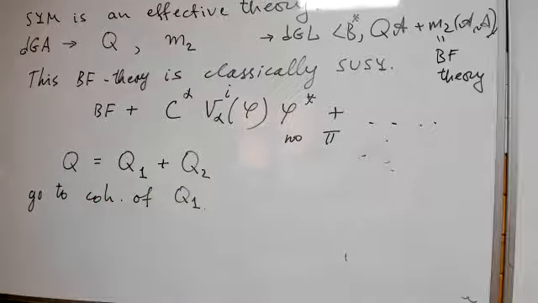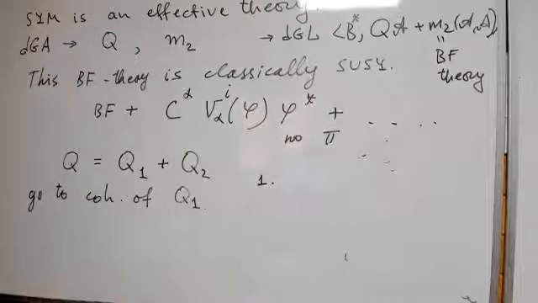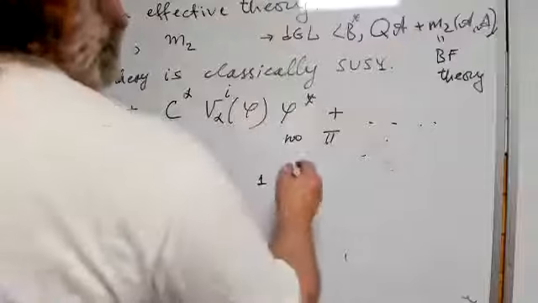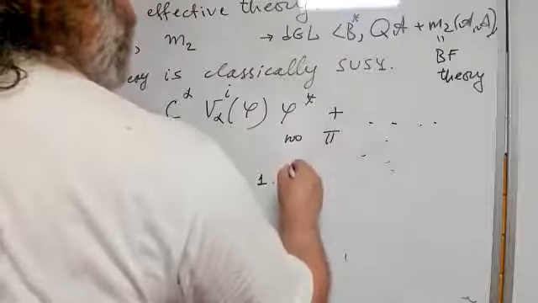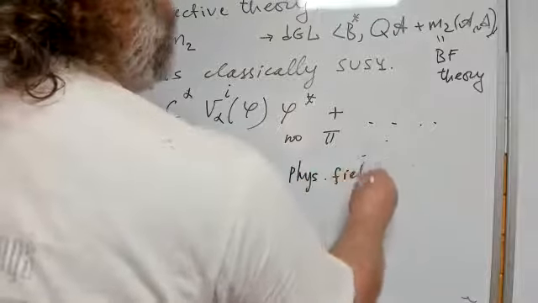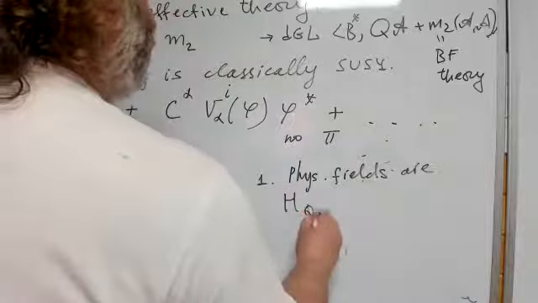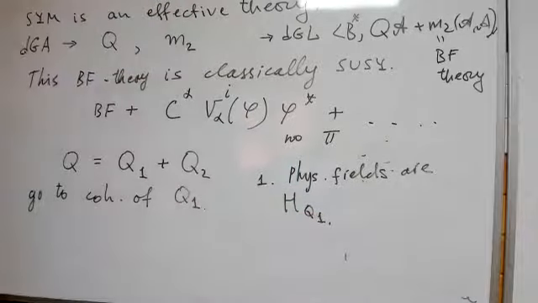And I'll show several things. First, I'll explain that what you would like to call physical fields are cohomologies. So we used that cohomologies are finite dimensional. In this case, cohomologies are fields.